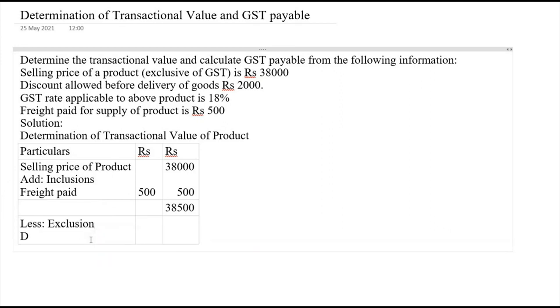Exclusion, here we have got discount. So the amount of the discount which is given in the problem is 2,000 here. So when we subtract this 2,000, we'll get the transactional value or assessable value that comes to 36,500.